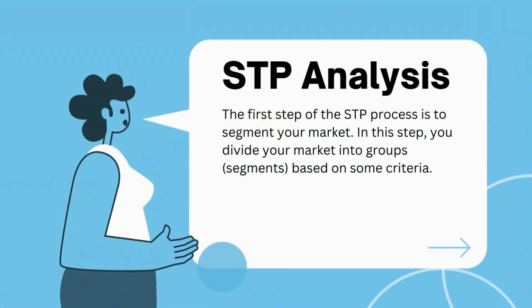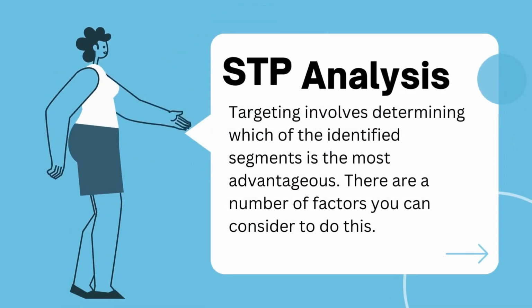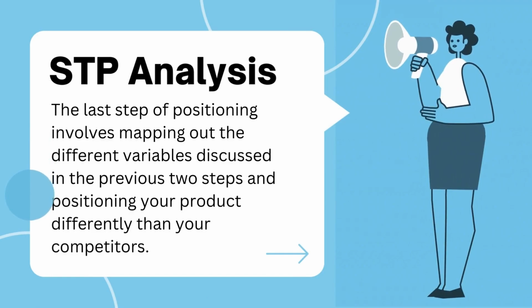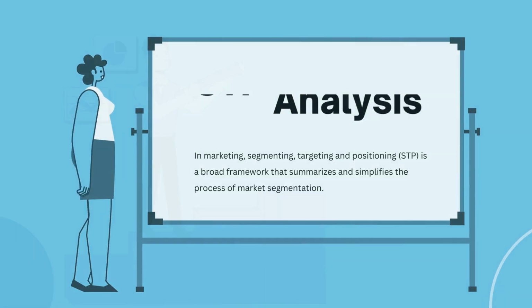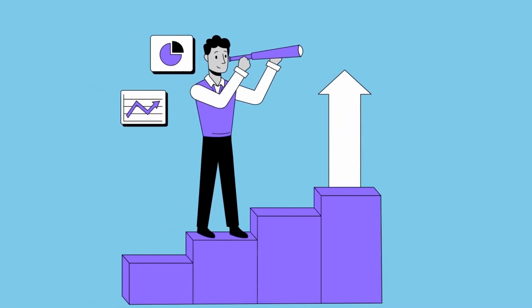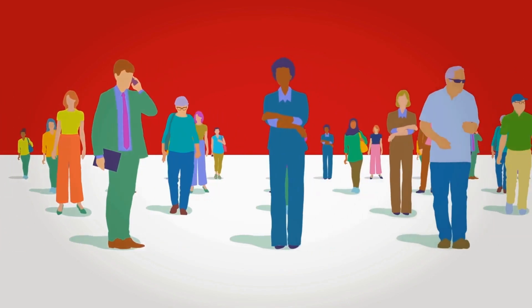So STP, or segmentation, targeting and positioning, is a marketing formula that defines who you market your products to and how you're going to do so. It makes your marketing strategy more focused and more relevant for your customers. In short, STP is a marketing approach where you segment your audience, you target the best fit audience segments for your product or service, and you position your product to capture your target market in a more effective way.